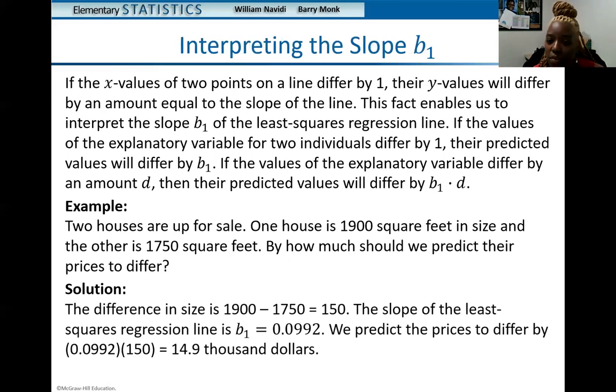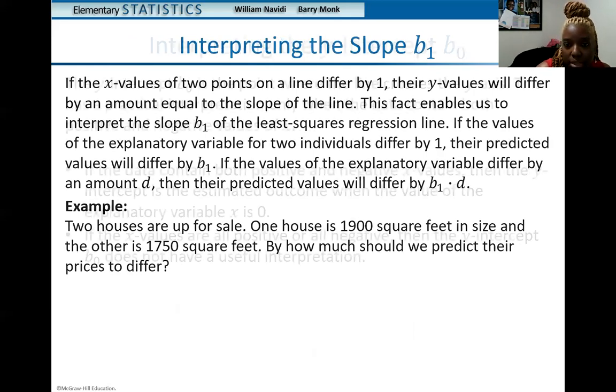Then the slope of the least square regression line was 0.0992. That was from the other example. So we predict the prices to differ by $14,900. How did they get that? Well, we knew that the slope, the B, was 0.0992. And then we multiply that by the change.